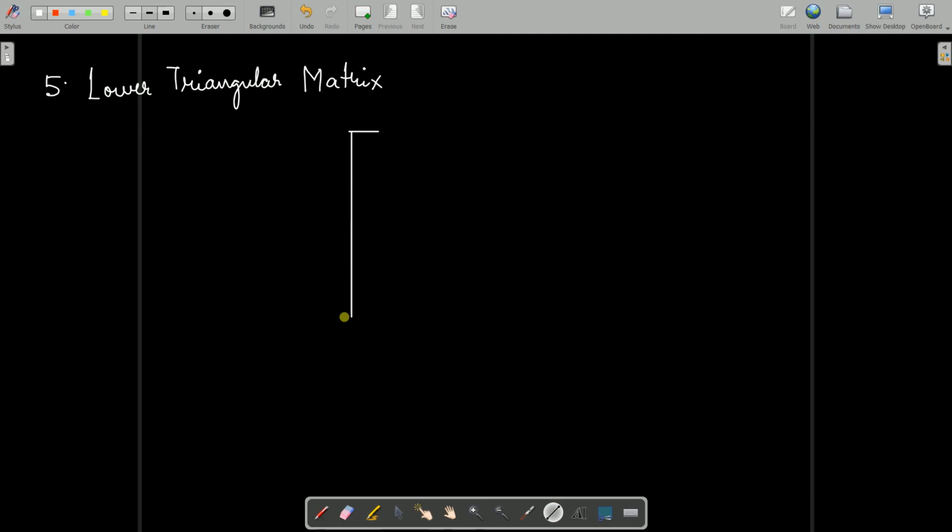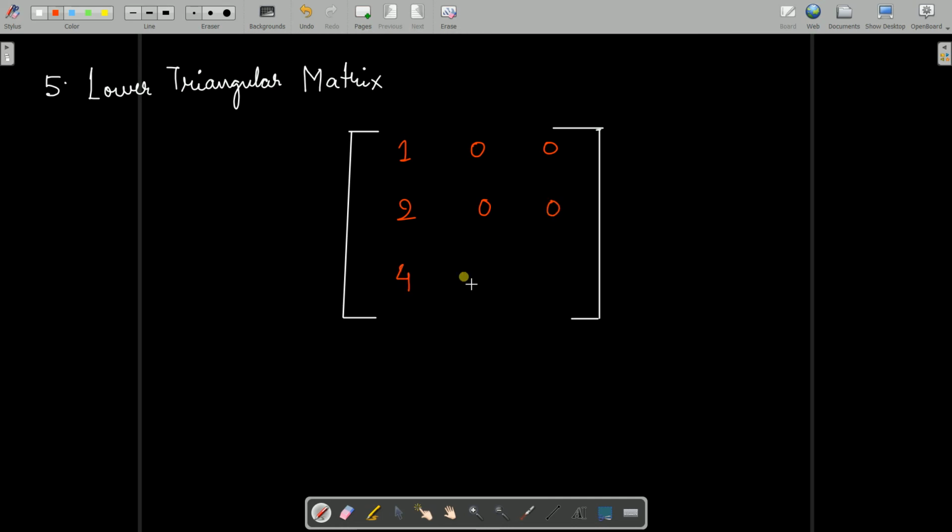Any matrix of this form, so let's say I have 1 0 0, 2 0 0, 4 1 2. Here the elements are present in the lower triangle like this.